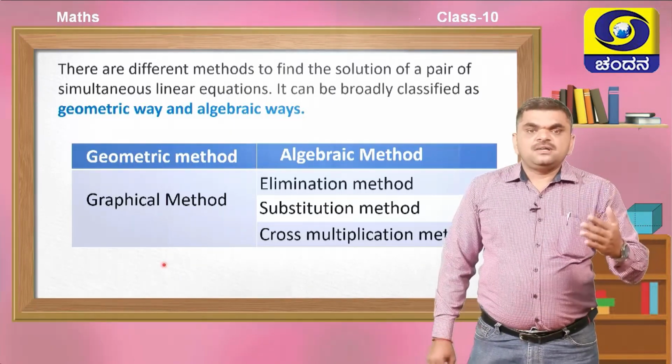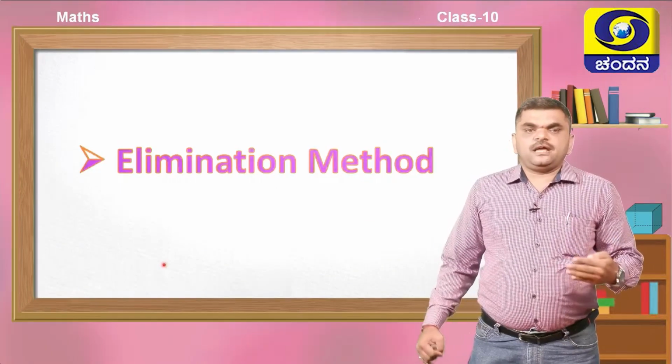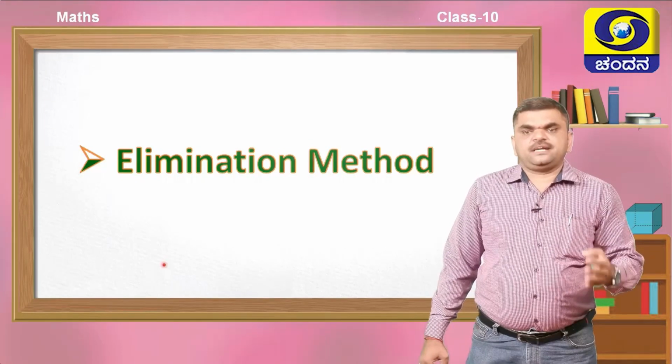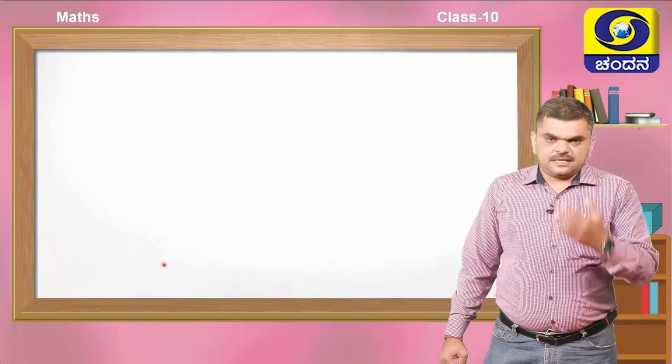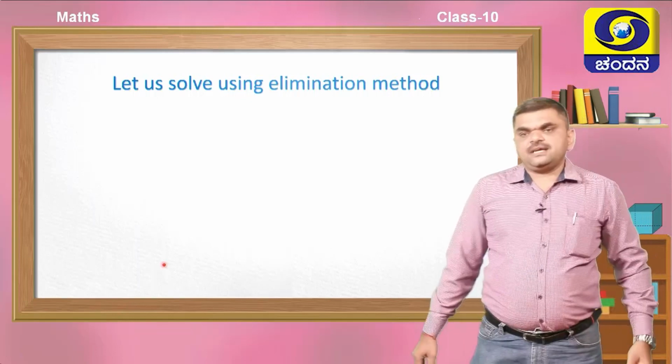So now, for this session, we just discuss the elimination method, which is one of the very important methods for getting solutions of a pair of linear equations, children. What is the elimination method? Let us solve this by using it.